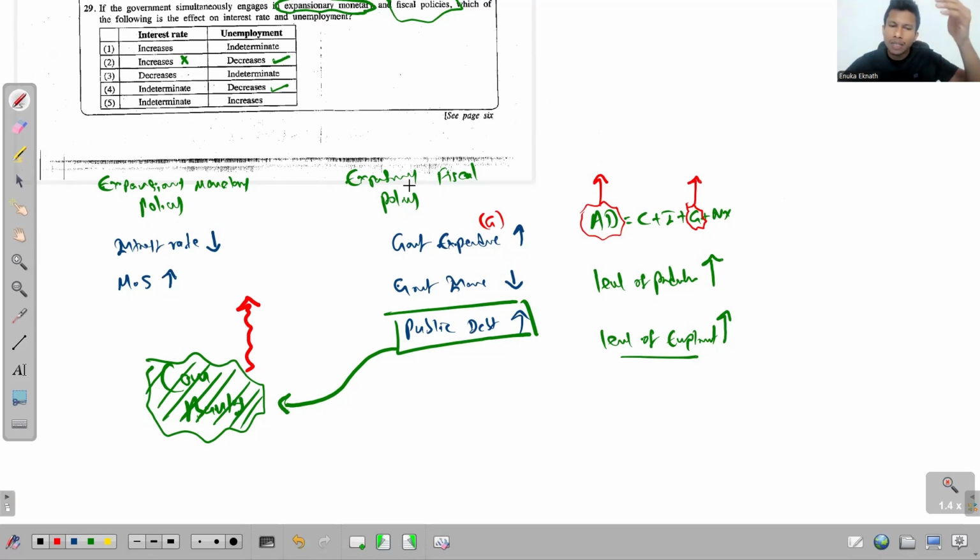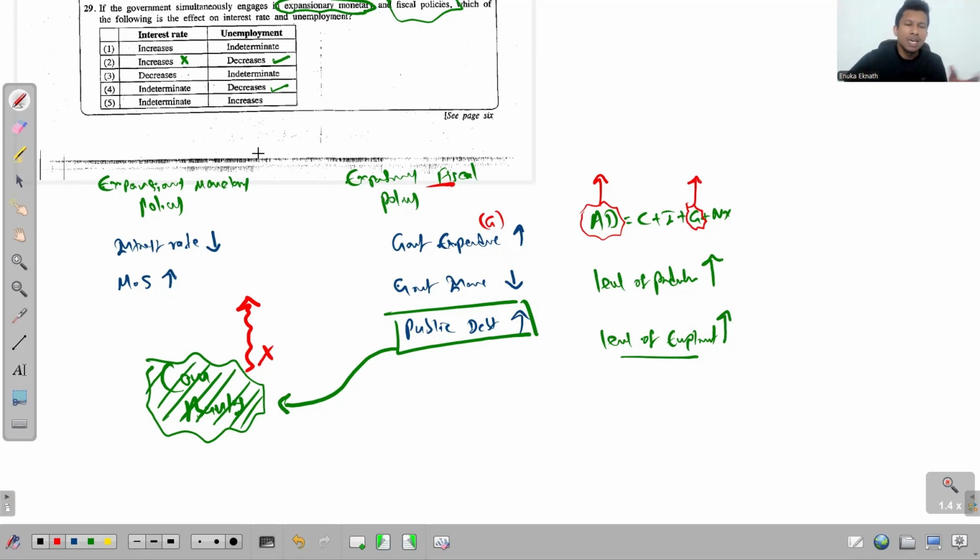If the government does not find these funds from the domestic banking sources, this will not happen. But if they try to find these funds from the domestic banking sources, then the interest rates may go up due to this crowding out effect.